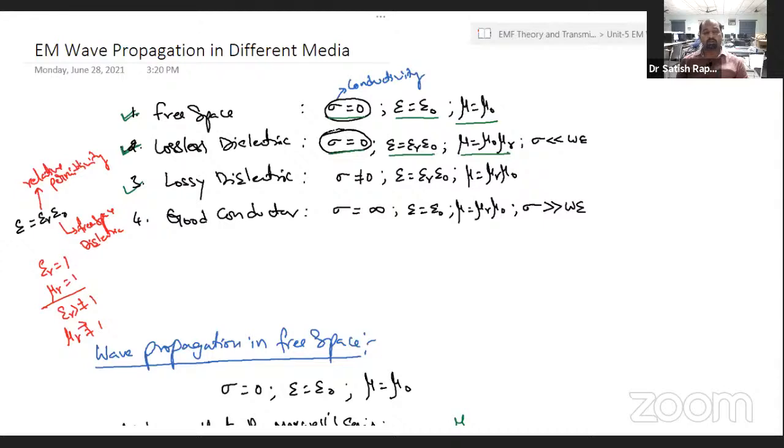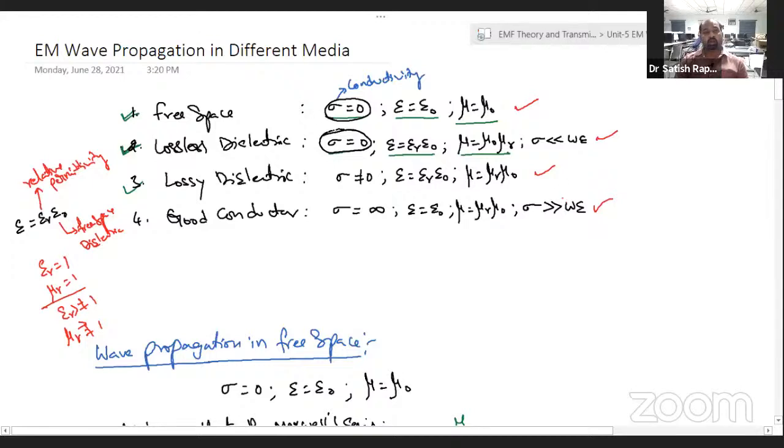What are those different mediums that we have considered? 4 mediums: free space, lossless dielectric, lossy dielectric, and good conductor. These are the 4 different media we have considered.